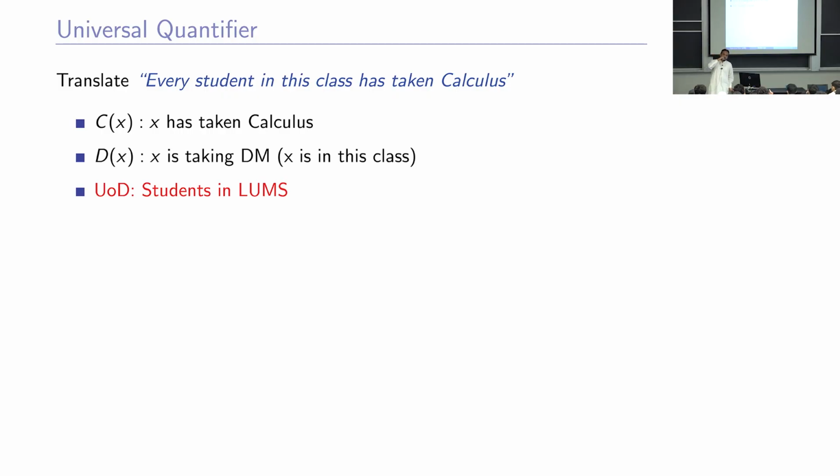Okay, yes. For all x, C x and D x. Good. For all x, we know the universe of discourse for x, so for all means something. So for all x, C of x and D of x.